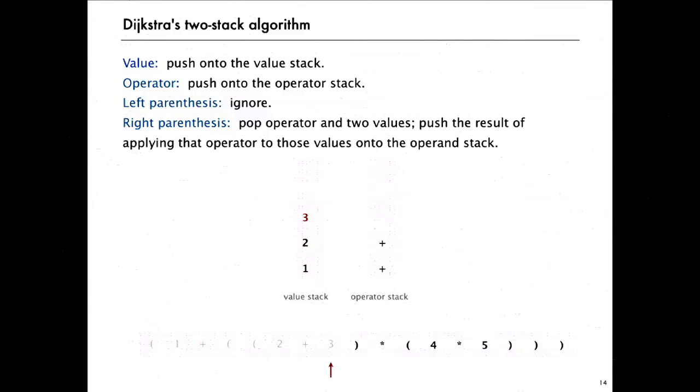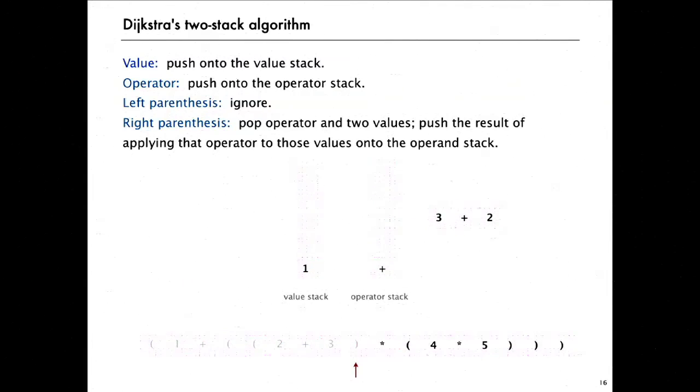And now when we come to a right parenthesis, that's when it gets interesting. You have the top operator and the top two values, and what you want to do is apply that operator to those values and put the resulting value back onto the value stack.